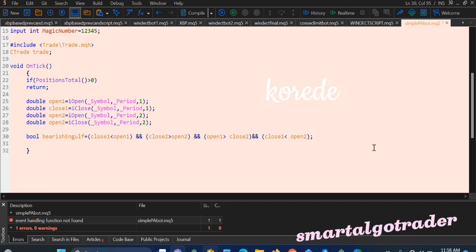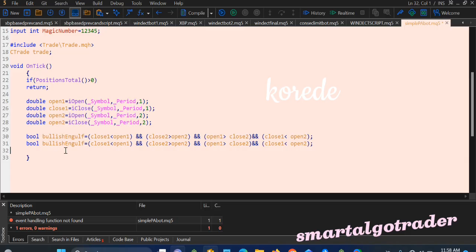So we have the bullish engulfing, and now we're working on the bearish engulfing right here. I made a mistake. This should be a bullish engulfing. The definition I put here is for the bullish engulfing. So now let's keep going.